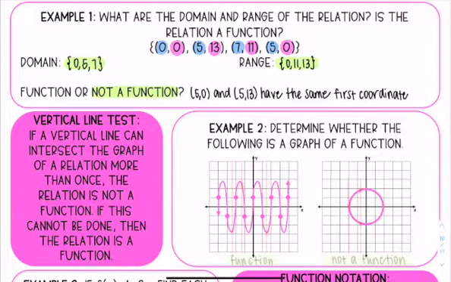So looking at this first one, can I draw a line anywhere and hit 2 points? So if I draw a line here, I only hit 1 point.